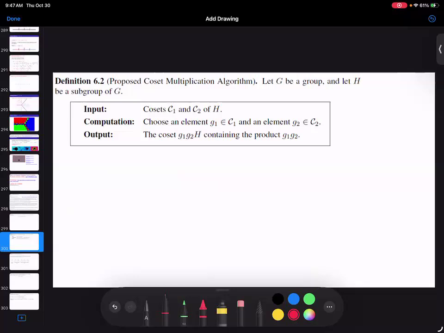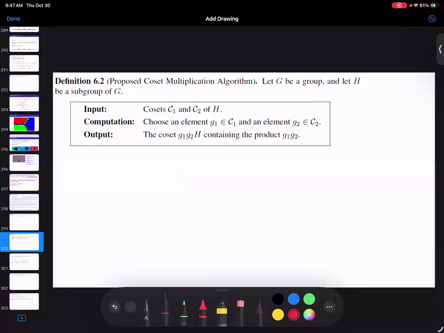A good way to try to define multiplication is, let's say we have 2 cosets, C1 and C2. Each one has some representative element, say g1 and g2. Then we'll define the product of those 2 cosets to be the coset g1g2H.